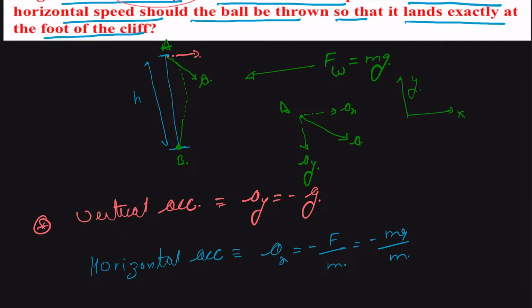So this comes over m, and m and m cancel out, and this force is nothing but the retarding force because of the wind. Therefore we can write that a of x will be equal to minus g. Okay, so both have equal magnitude.